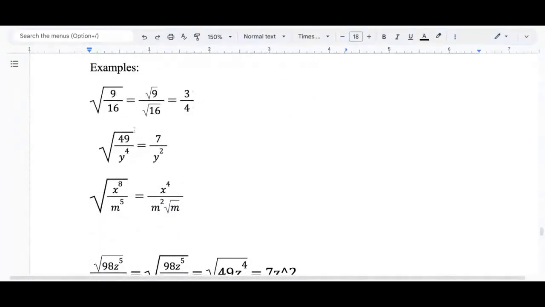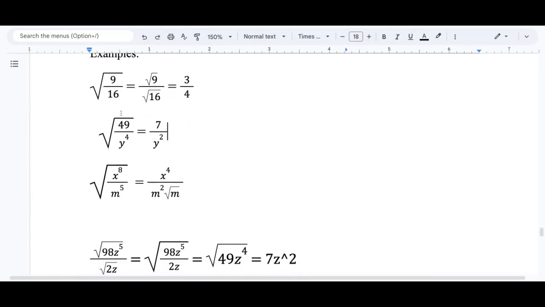Let's see examples. Square root of 9 divided by 16. Well, we can do square root of 9 divided by square root of 16 because it's all under square root sign. That's just 3 over 4. Square root of 49 divided by y raised by 4. Well, square root of 49 is 7. Square root of y raised by 4, that's y squared.